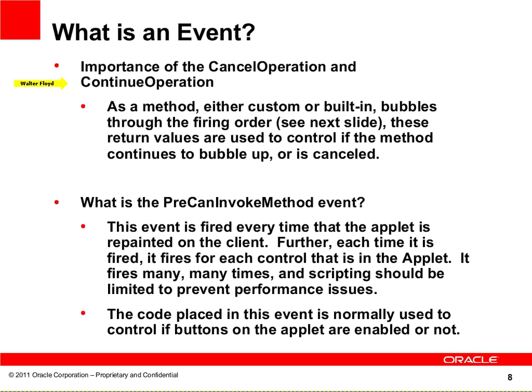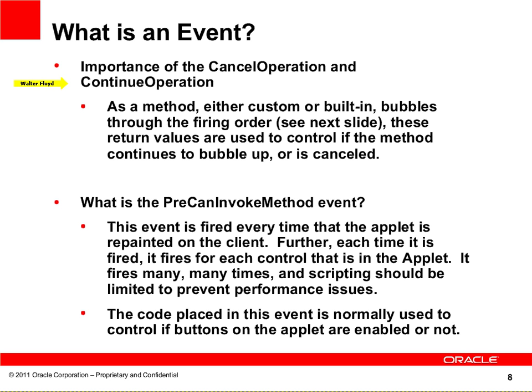The cancel operation and continue operation are very related to the methods you're going through. So either a method that you've added through a custom button, say, or even what happens when you do a save with the vanilla capabilities. When you do a save, it ends up generating a write record method. So if you put a cancel operation in a pre-invoke method on the write record, it will prevent Siebel from writing the record.